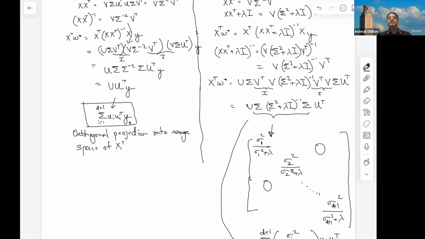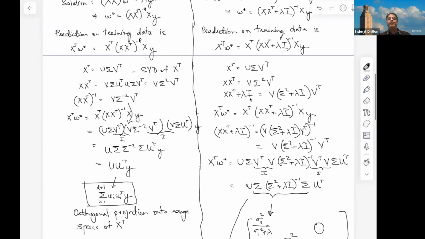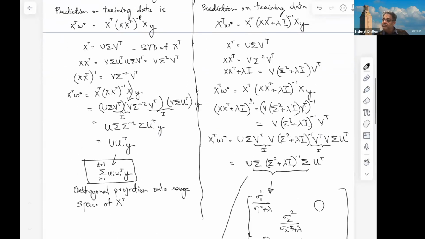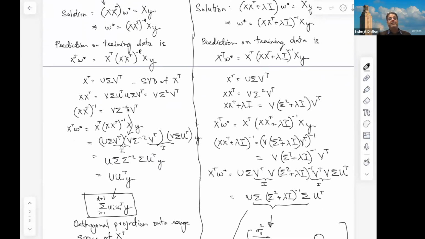But what can end up happening is that some of these singular values could actually be very small. So when you take the inverse, sigma to the minus 2, this could actually be very big.